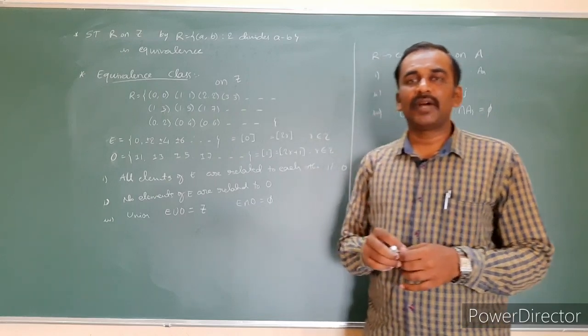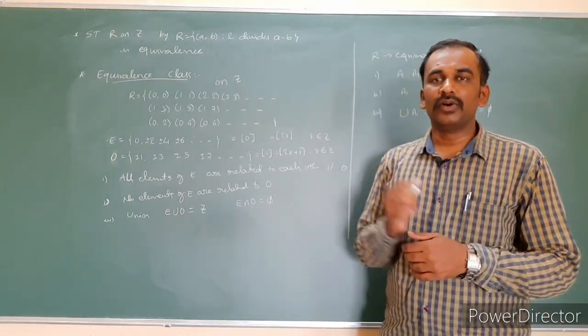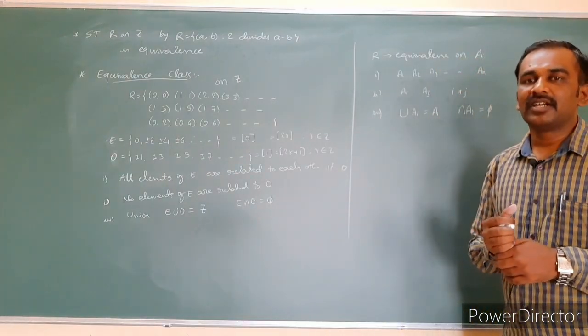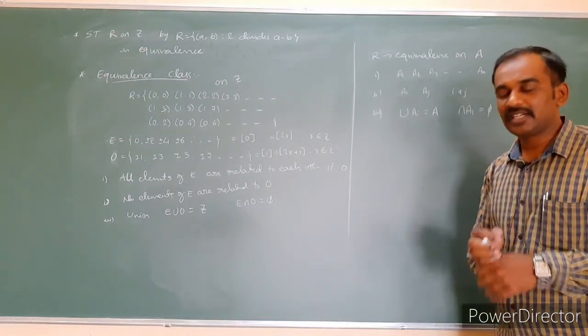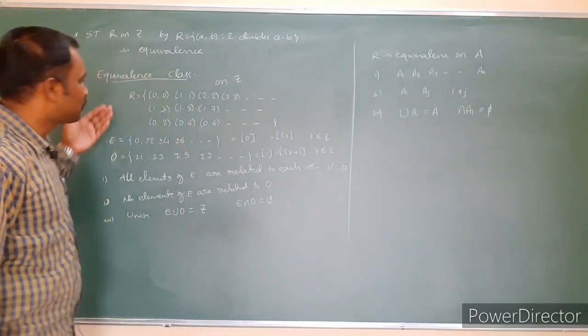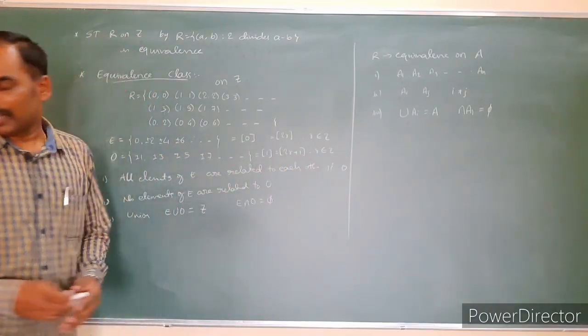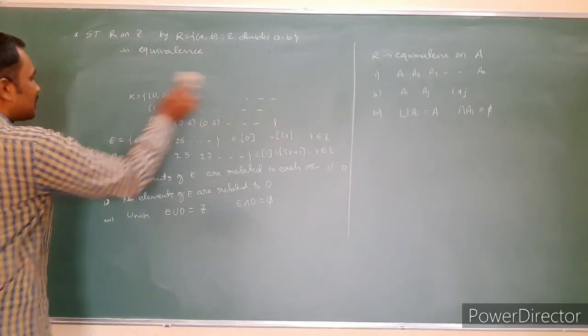Third, if I take the union of all those subsets, we get the whole given set, and if I take the intersection, we get a null set. If these three conditions are satisfied, then you can easily say that it is an equivalence class containing an element, in this particular example, either 0 or 1. So this is the main explanation of the equivalence class.